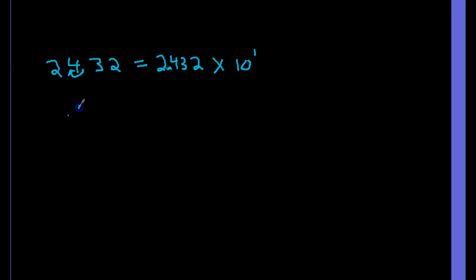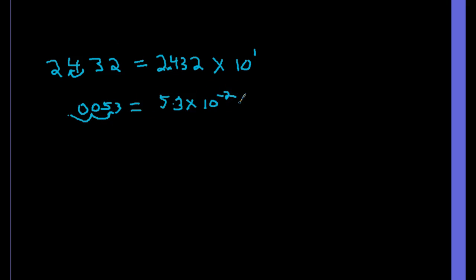Let's say we had 0.0053. We need the decimal after the first whole number, so it's right there, 1, 2. So it's 5.3 times 10. Now, is this negative or positive? Hopefully you say negative because this was less than 1.